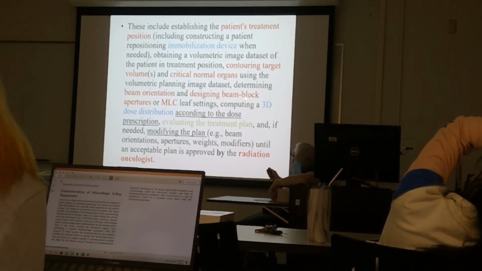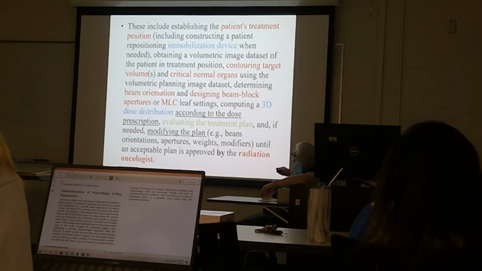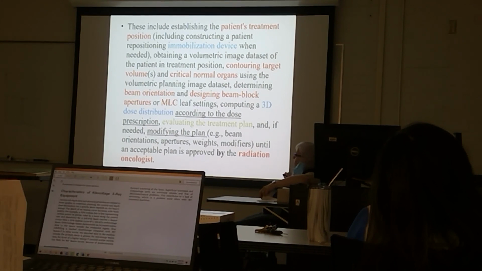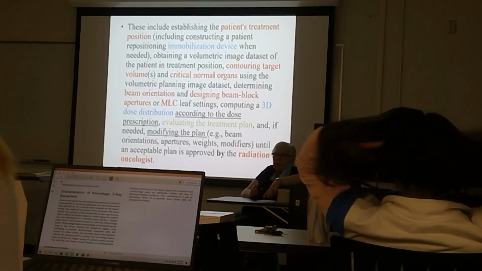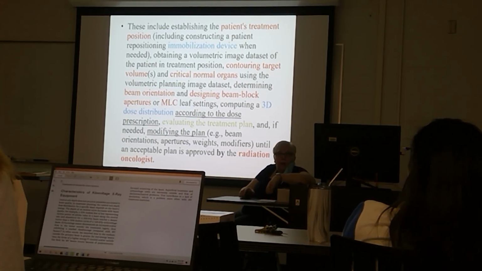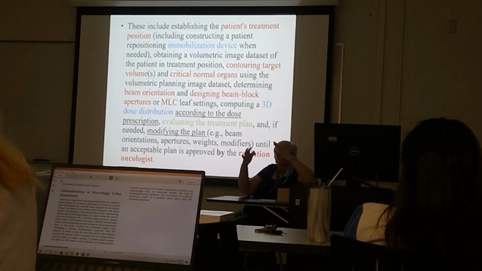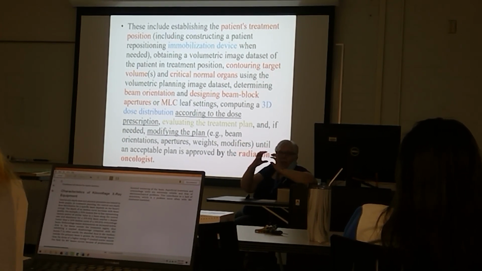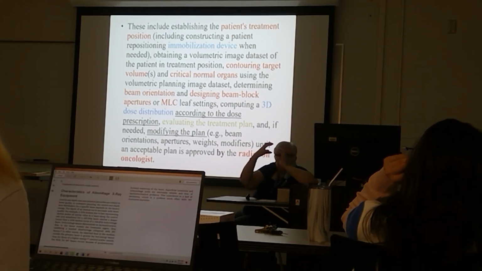And then we'll ignore the beam blocks because nobody uses them anymore. So we would have to decide or design the MLC leaf settings. And remember, the MLC leaf settings with a 3D conformal do not move. These go into one position and stay there. They will traverse in and they'll stay there. And then you'll go to the next field and the MLC will move to another shape and stay there.